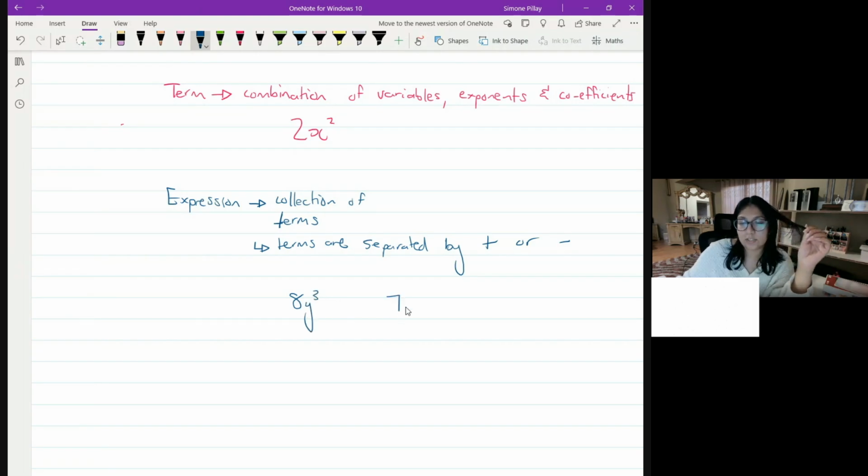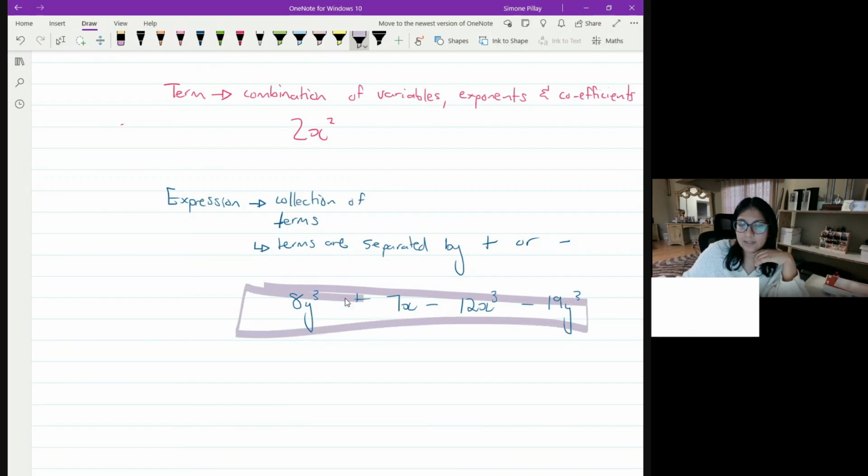Let's go 7x, and let's go 12x cubed, and let's go 19y cubed.